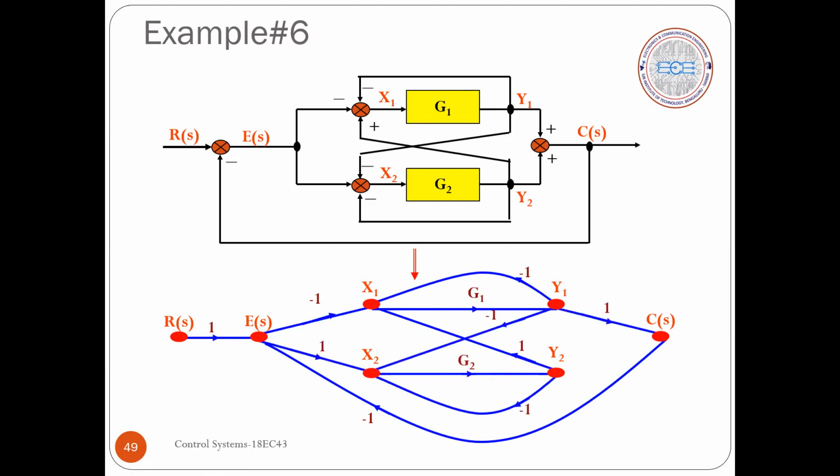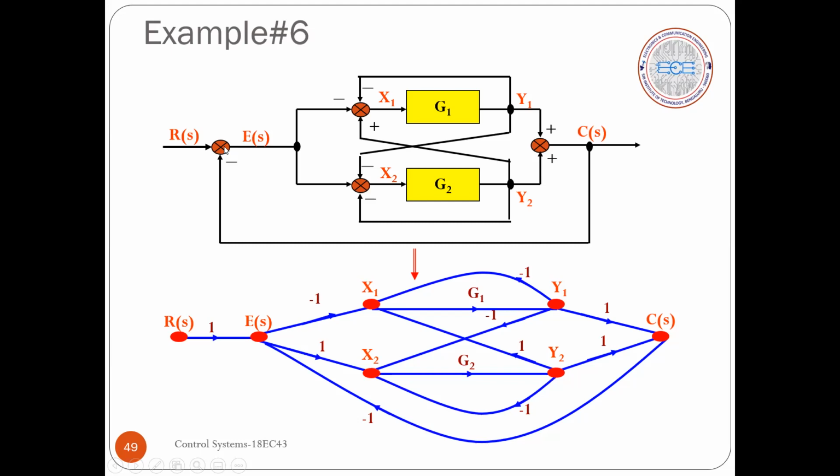Okay, and you might have observed one thing, for this takeoff point we have not taken a node. Actually we can take it. So here what we have done is, to this summer we have merged it, because there is no gain existing between this summer and this takeoff point.